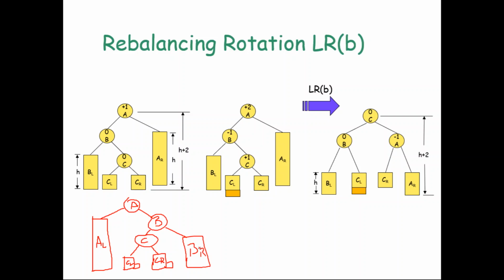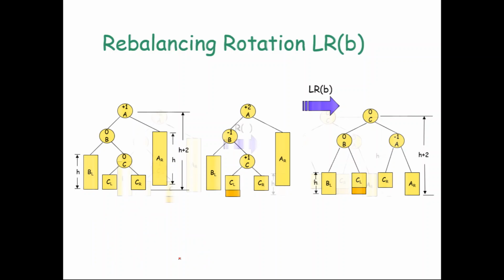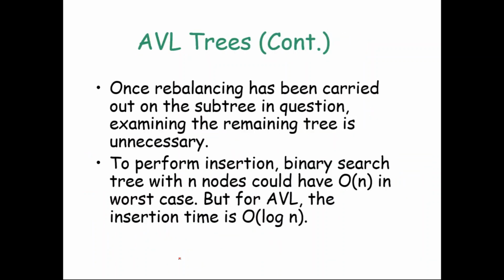Again B will go down and CR will become the left of B. You just figure out how it happens.